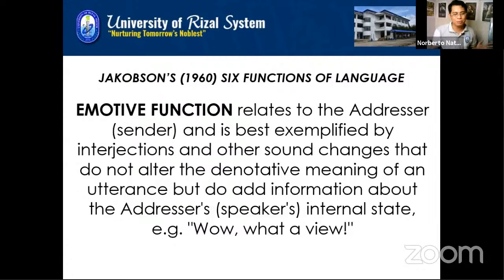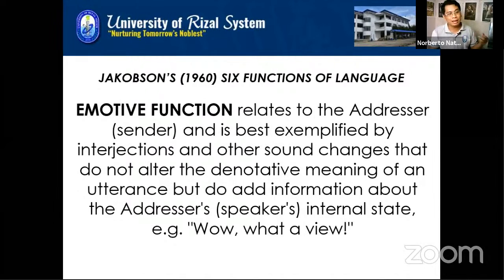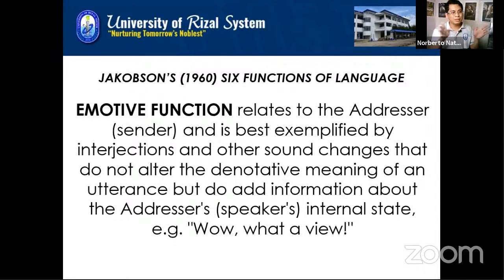So let's say, for example, when you say I love you, diba, there are different ways to say I love you. Sometimes you can say it in a sweet way, or some would say it differently. Although you're using the same words, the way you say it is actually affecting the meaning of the statement.